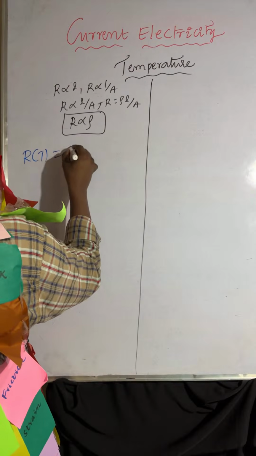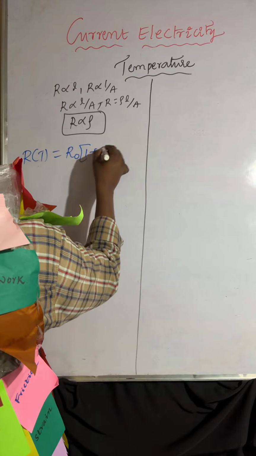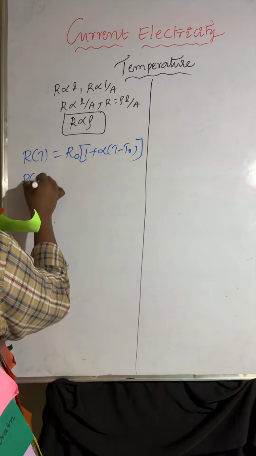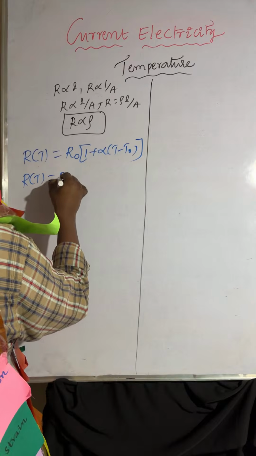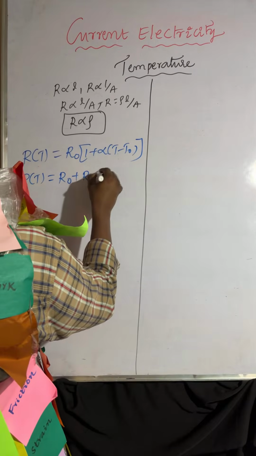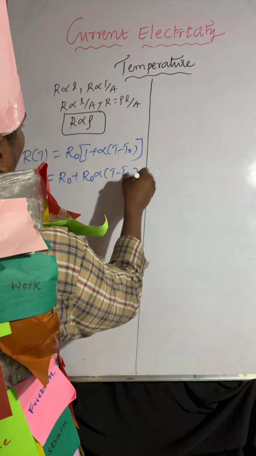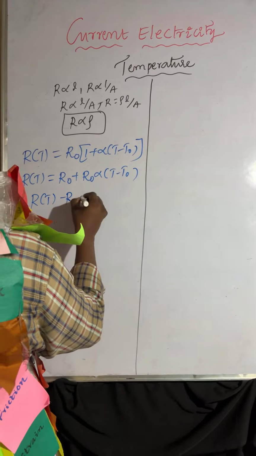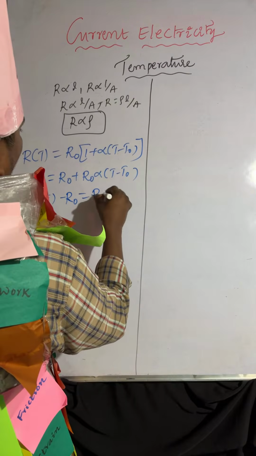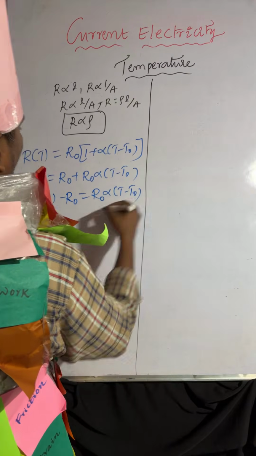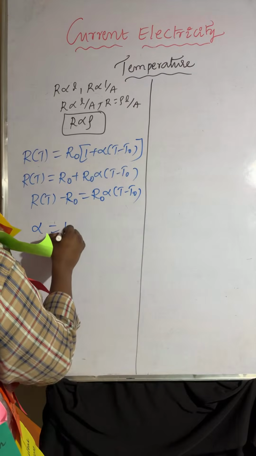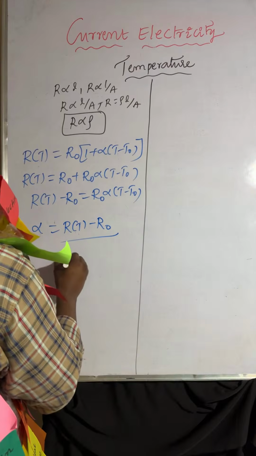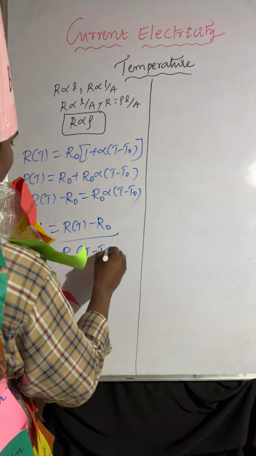So RT equal to R naught into 1 plus alpha into T minus T naught. Then RT equal to R naught plus R naught alpha into T minus T naught. Then RT minus R naught equal to R naught alpha into T minus T naught. Then alpha equal to RT minus R naught by R naught into T minus T naught.